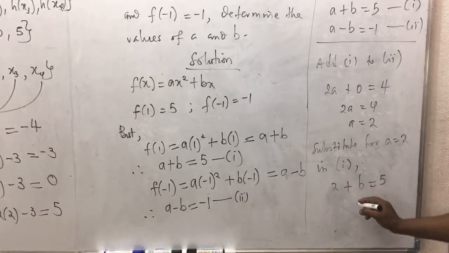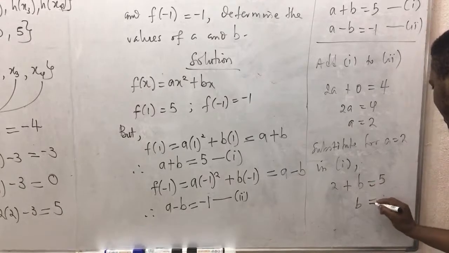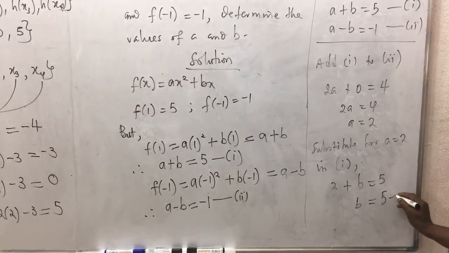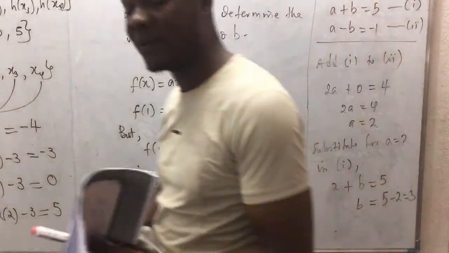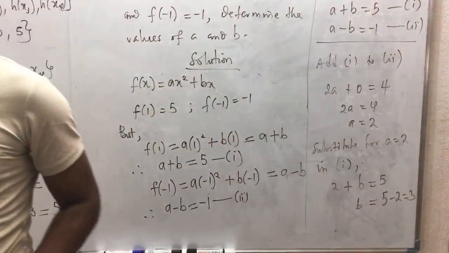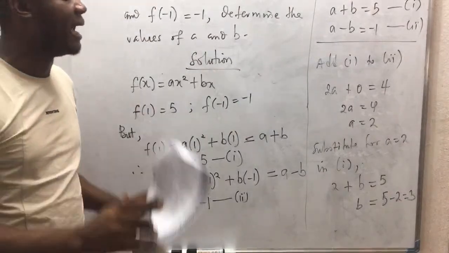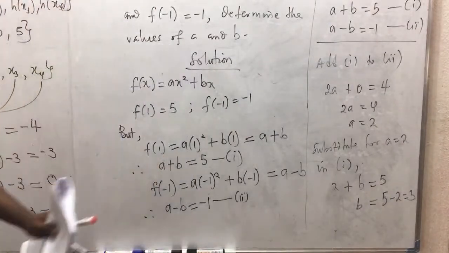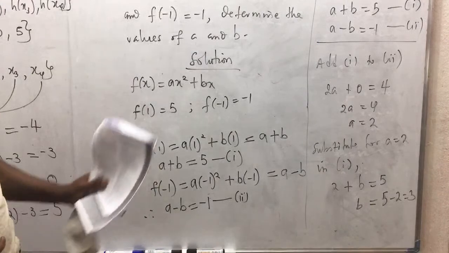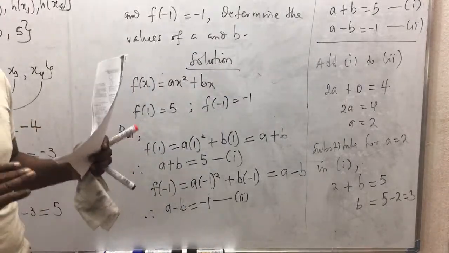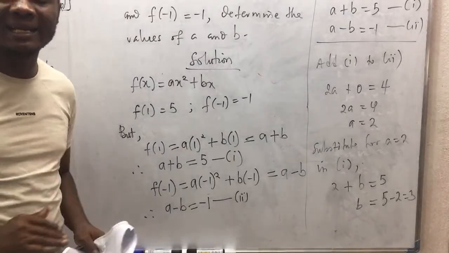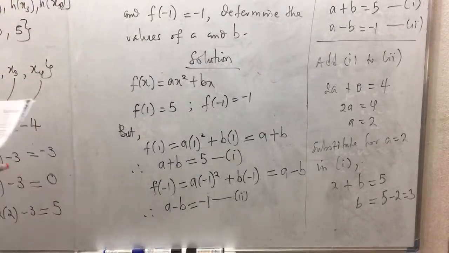And if a plus b equals 5, it means b will be equal to 5 minus 2, which is 3. So that is how to solve that problem. It is that simple. At the end of this problem, we have obtained a and b to be 2 and 3 respectively. And the idea is simple for solving that problem.